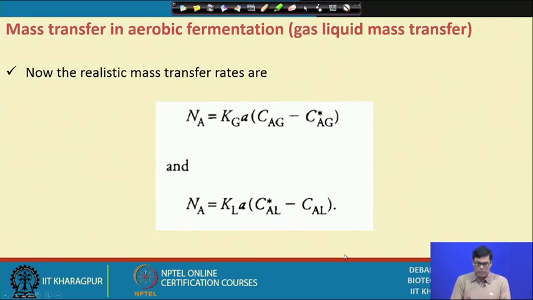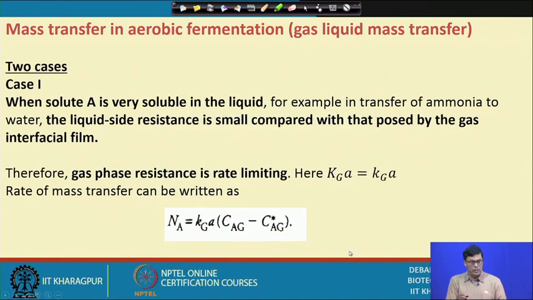Now, this equation can be rewritten in this form: N_A equal to K_Ga, the overall mass transfer coefficient in the gas phase, or overall in the liquid phase, times (C_AG minus C*_AG). So, mass transfer has two cases.